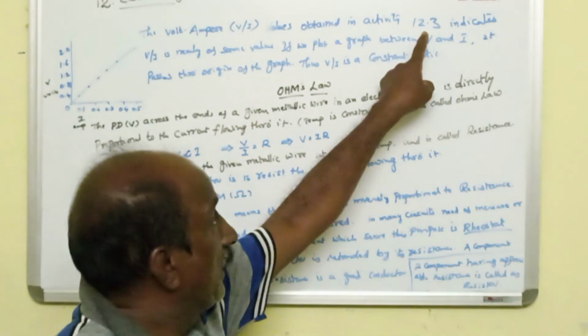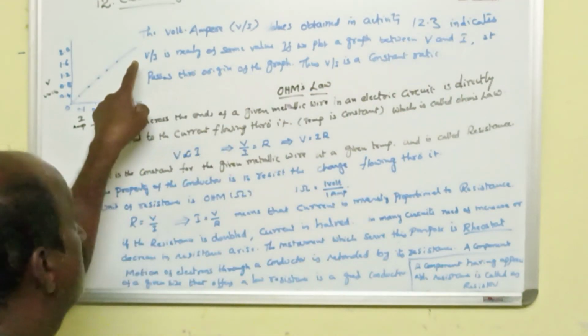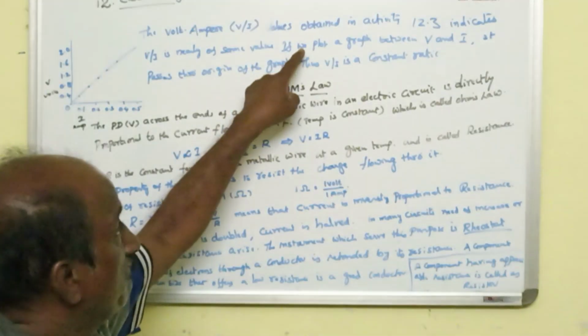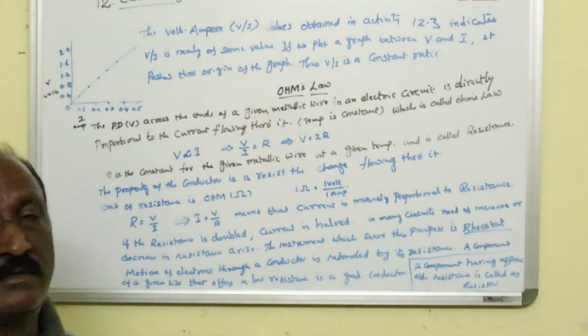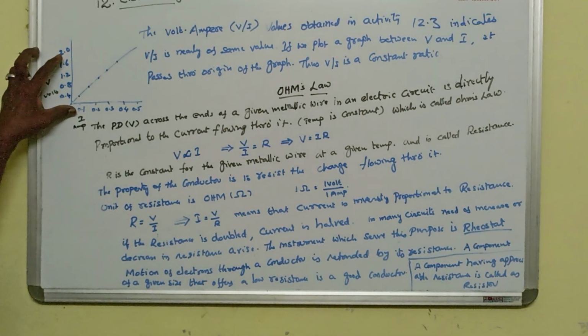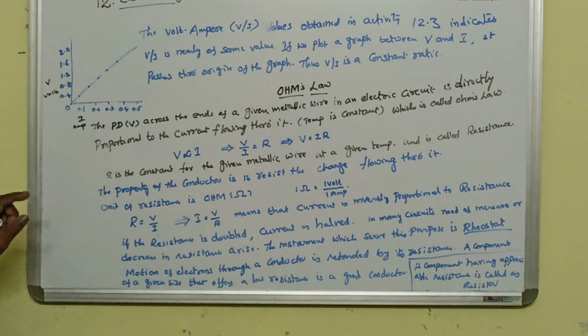The values of activity 12.3 indicate V by I is nearly the same. If we plot a graph between V and I, voltage and current, as we have drawn here, we observe that V by I is of constant value.